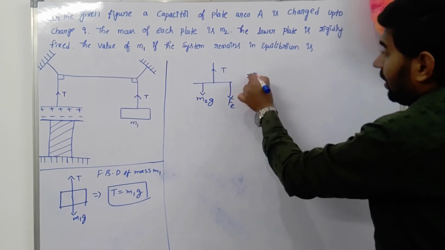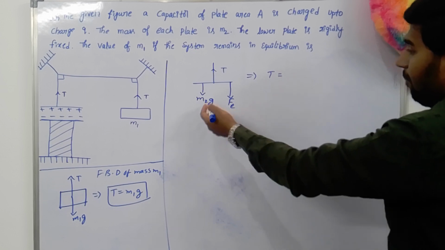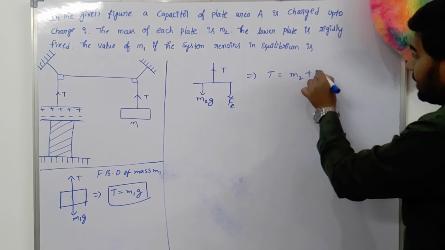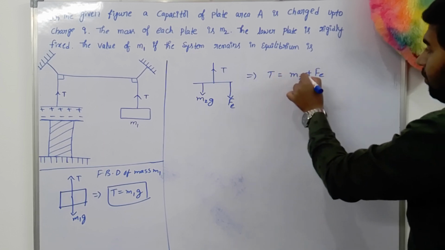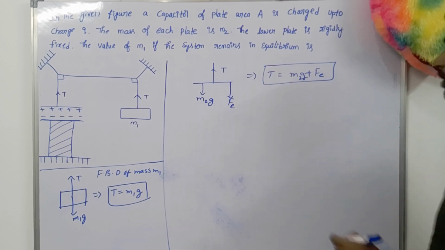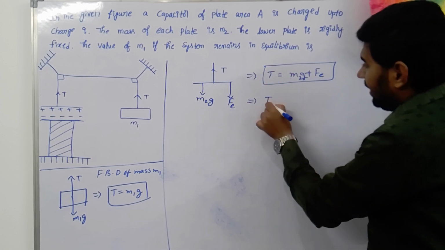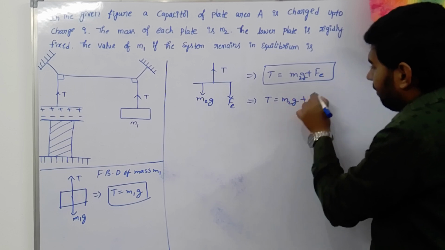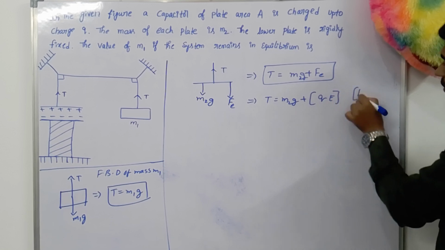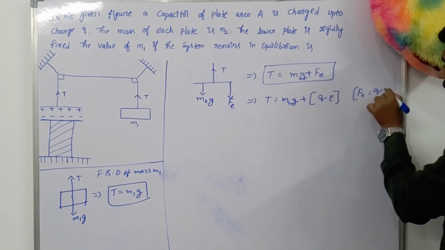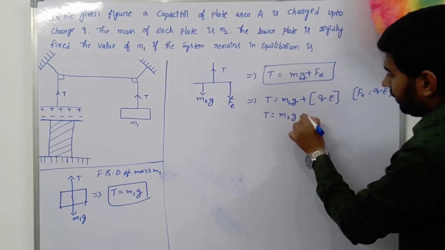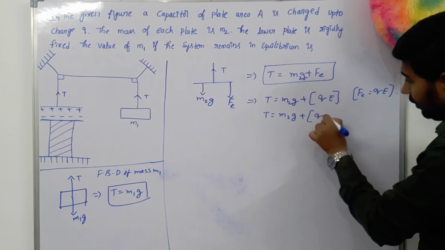From here, how can I write the equation? T is equal to, here M2g and Fe both are opposite to T. T is equal to M2g plus Fe. It is clear. From this, how to find out Fe? We know that Fe is equal to QE, and T is equal to M2g plus Q into E. What is the E?